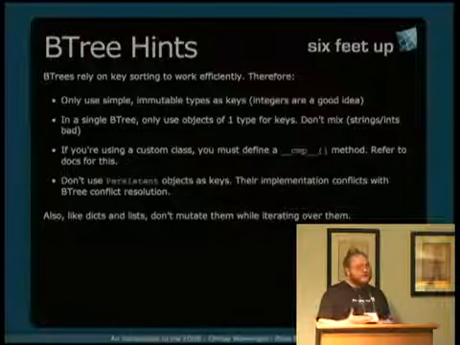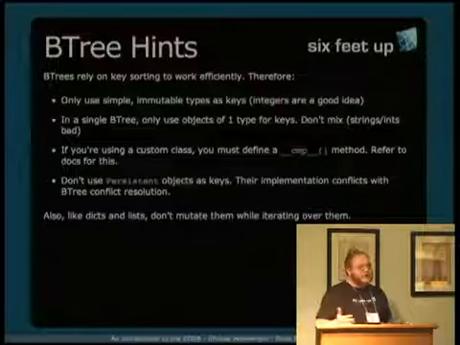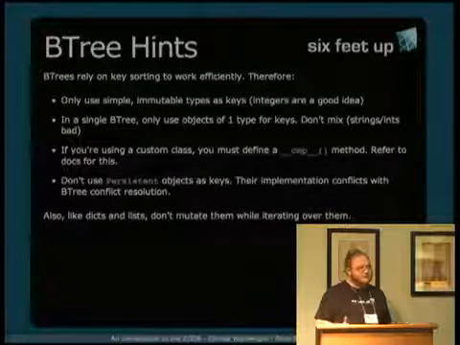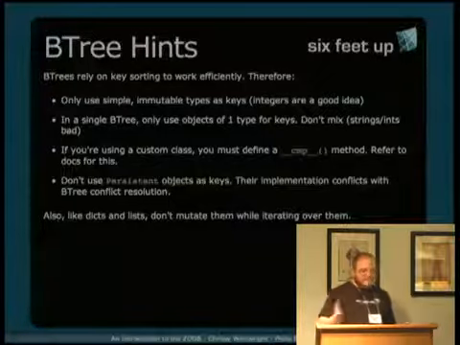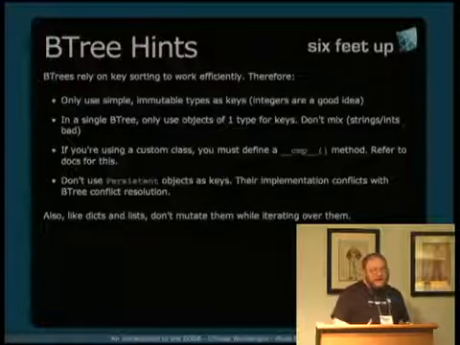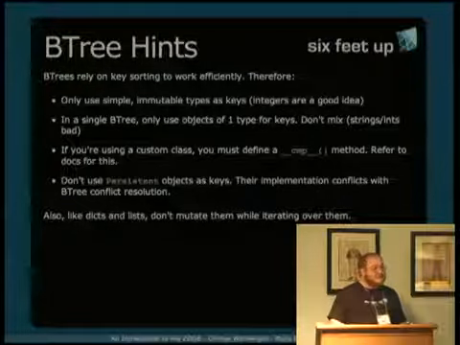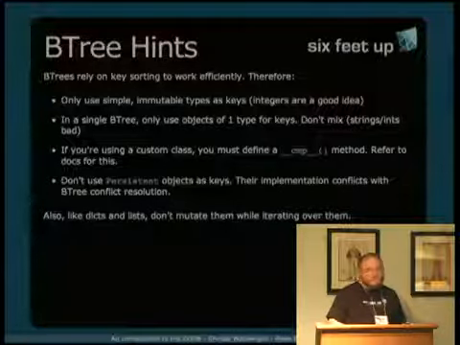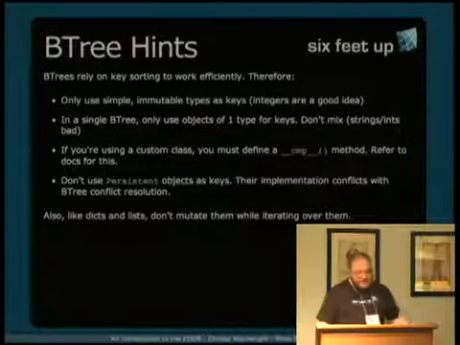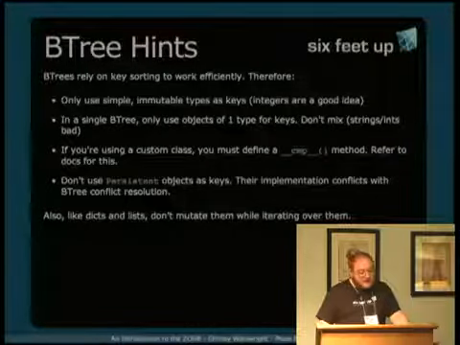Because the sorting and the searching relies heavily on comparing each of the keys to each other. It's using invariants that are inherent in the integer data type to go through the list and find exactly what you're looking for. And because of that, if you can't easily compare objects, like if you use multiple data types for your keys, so if some of your keys are strings and some of them are integers, you're probably going to get data corruption, and it's not going to know what to do with it.